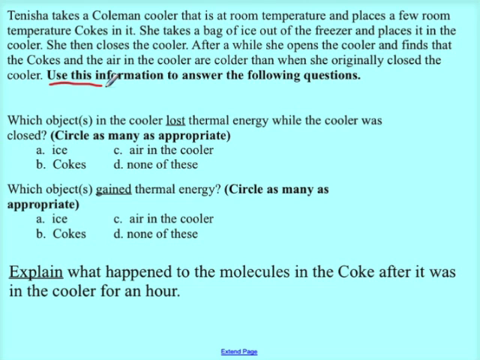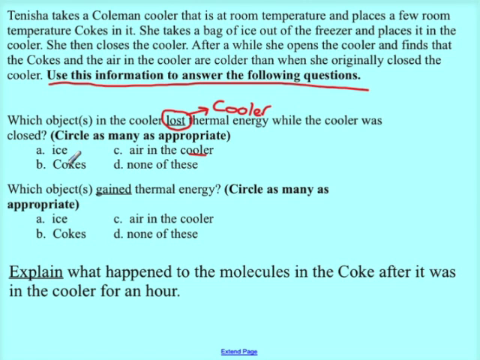So I'm going to use this information to answer the question. Okay, so let's look through this. Which object or objects, so it could be more than one, it also says circle as many that are appropriate, in the cooler lost thermal energy? Okay, so if they lost thermal energy, that means they should be getting cooler. Okay, so let's look through here. Did the ice get cooler?